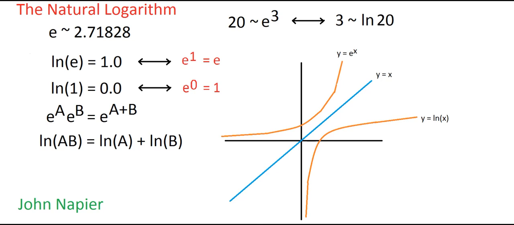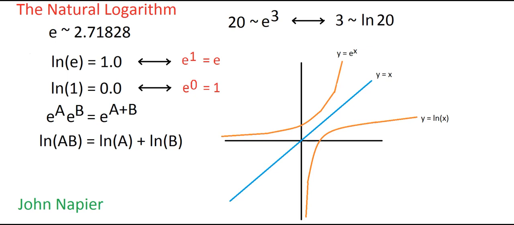Now, back in John Napier's time, there was very little mechanical assistance to calculating. Calculations were done by people called computers. They could make a living out of performing calculations for people for a fee.